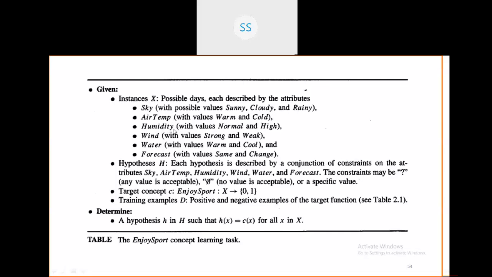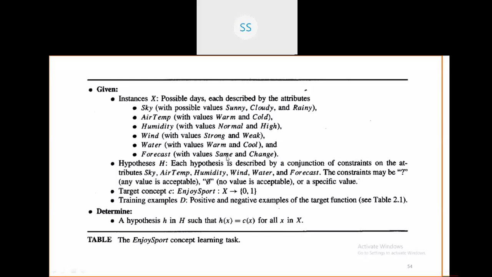Similarly, the humidity attribute has 2 values. The value can be normal or high. And the wind attribute can have 2 values, strong and weak. The water attribute contains the 2 values, warm and cool.